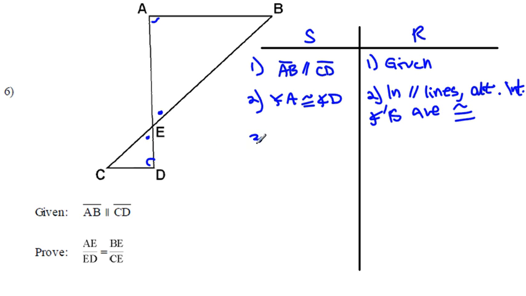All right, step number 3. Always the vertical angles here. So angle CED must be congruent to angle BEA, because vertical angles are congruent.